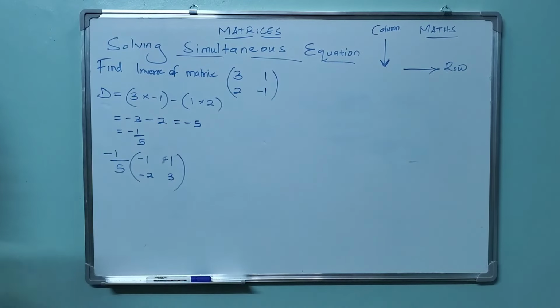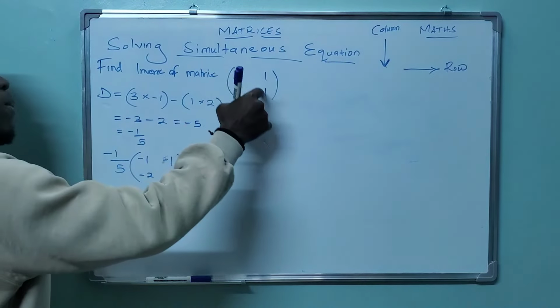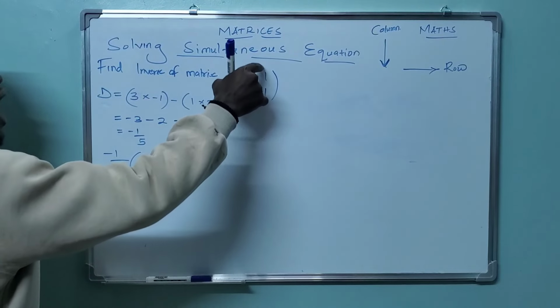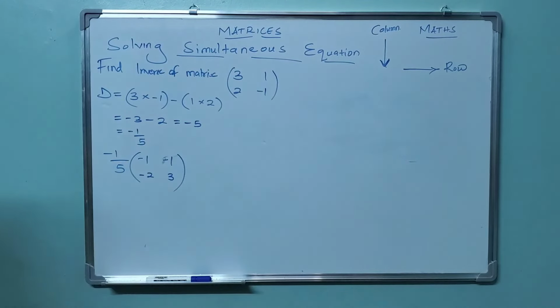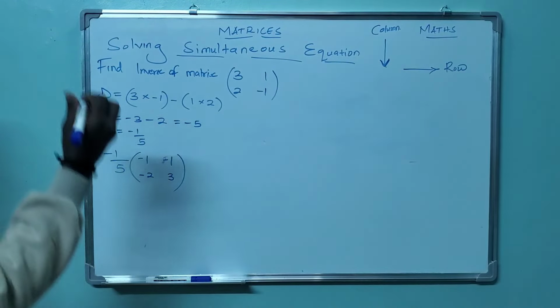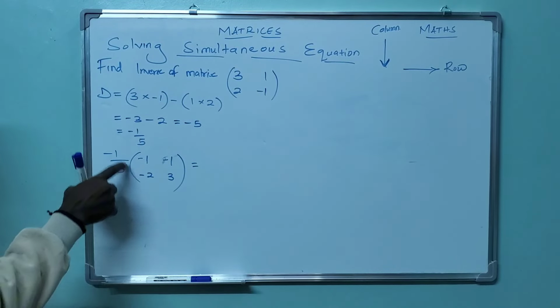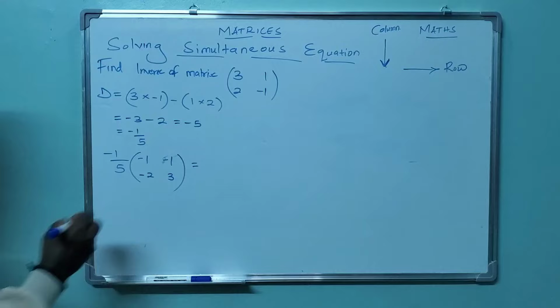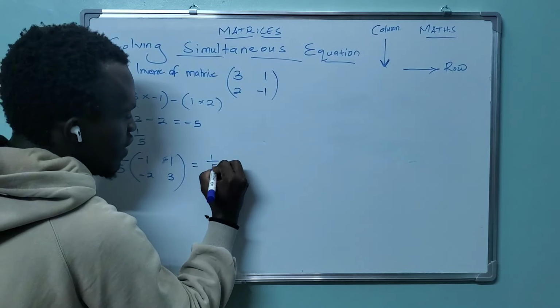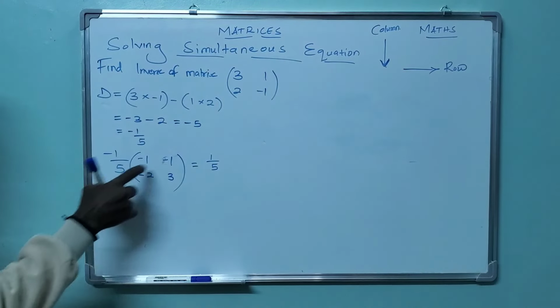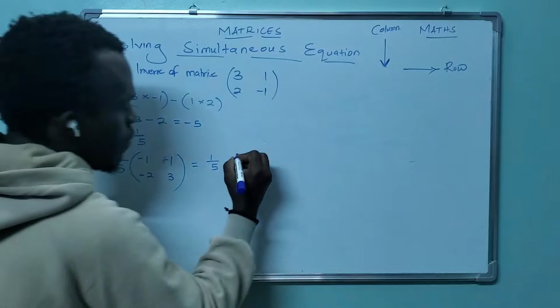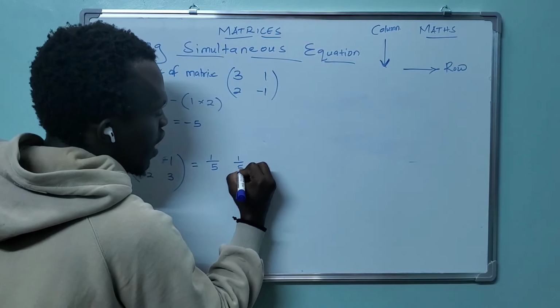So you have to remember always to change the position of the lead diagonal and the sign for the end diagonal, whereby if I multiply that, I'm going to have -1/5 multiplied by -1, which gives 1/5. Then -1/5 multiplied by -1, also 1/5.